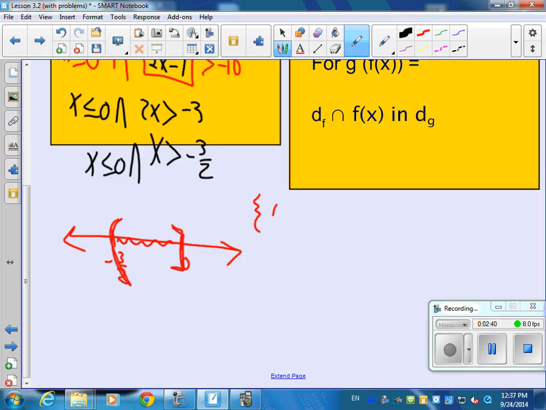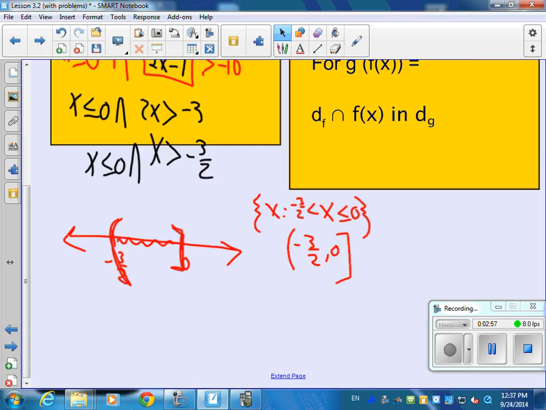You could do the set method, set of all x, such that x is between negative 3 halves and 0. Or do you like the interval method better? I know you do. That's the interval. So you can go set or interval, whatever you please. And that is that one.